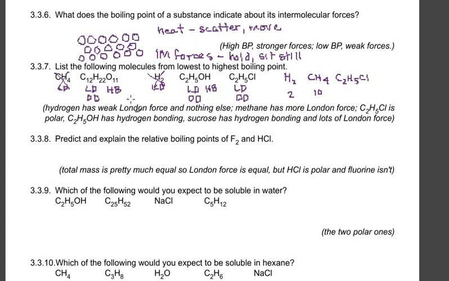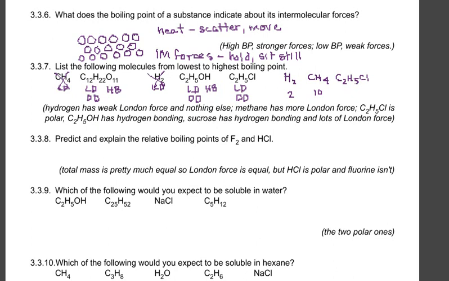And between these two, well, they both have all 3 forces, so that's problematic. This one has a hydrogen bond, and does sucrose have multiple hydrogen bonds? I think it does. I just Googled sucrose molecule and I'm looking at it. Yeah, it's got 1, 2, actually it has a ton.